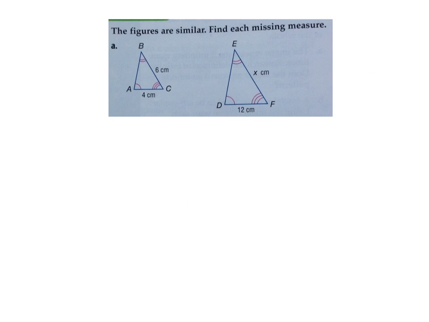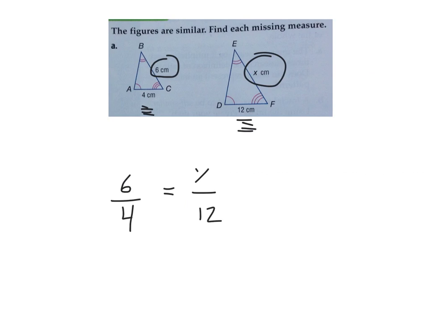So if I was trying to find this, I would look at this and I would put 4, and I want my proportions here. I want these to be equal. Okay, now I know that it's 4 on this measurement, that's going to be proportional to 12 over here. And now I have, in my first triangle here, 6 right there is going to be proportional to X.